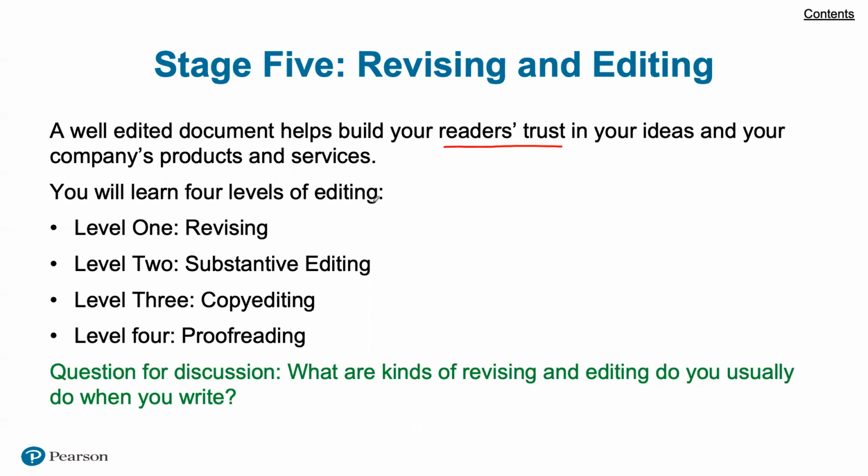So you will learn 4 levels of editing as we go through this process. First, there's the revision process, just making sure that you're clarifying your writing. There's substantive editing, where this is where you get into the way that you're communicating that effectively. There's copy editing, and there's proof editing.